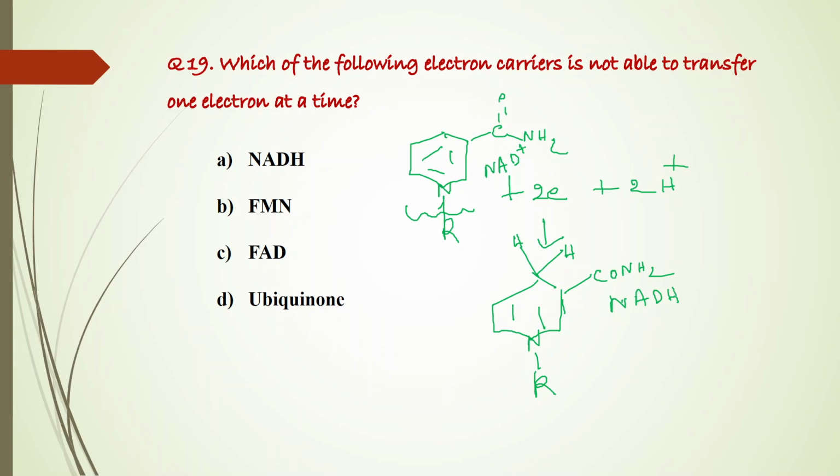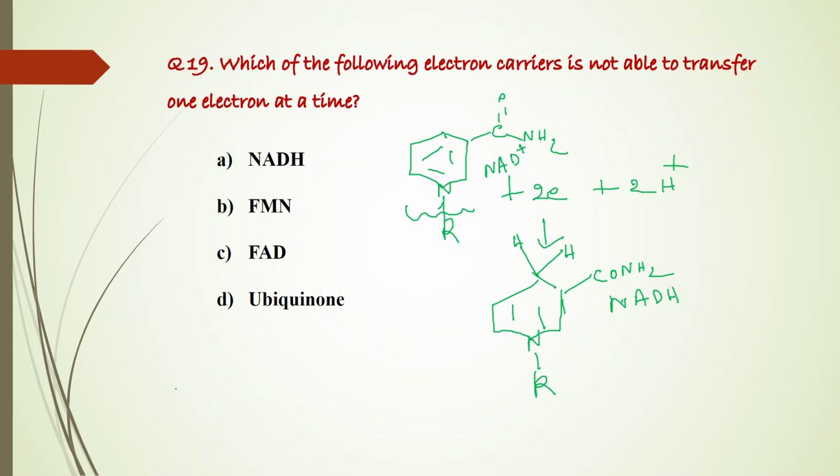In all those transfers you can see, although NADH, FAD and coenzyme Q can all transfer hydrogen, in case of NADH the transfer happens in a single step. It is not like the case of FAD.